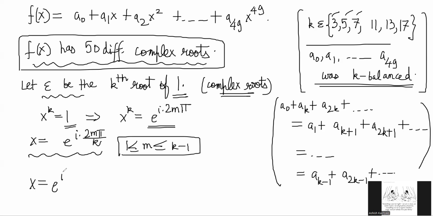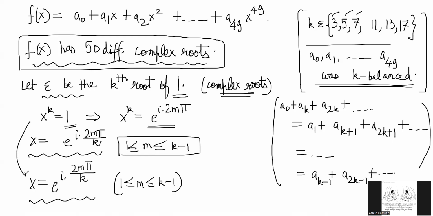X is equal to e power i 2 m pi by k is a complex root for the equation x power k is equal to 1, right? Do you know this complex number formulation? Yes. Basically, cube roots of unity and all, you know how to find, no?